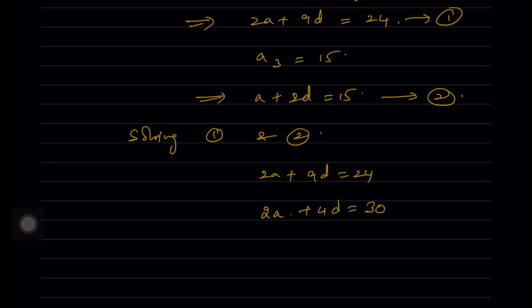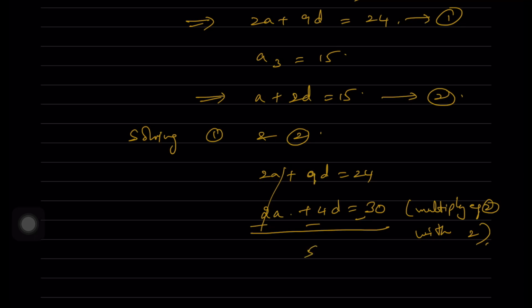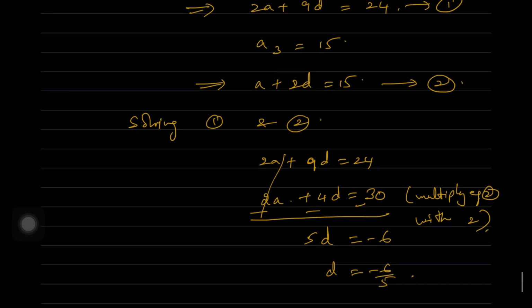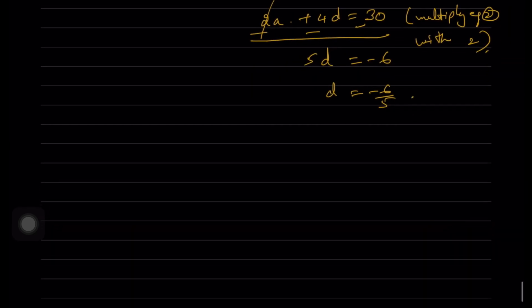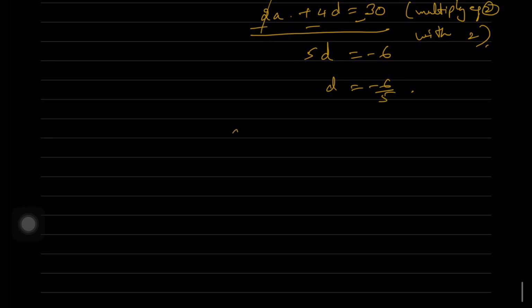So we multiplied equation 2 with 2. And then subtract from the first one. So what do we get? You subtract: 2a minus 2a is 0, 9d minus 4d is 5d, and 24 minus 30 is minus 6. So d is equal to minus 6 by 5.